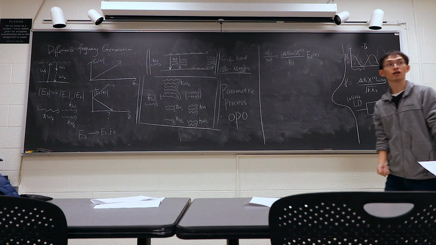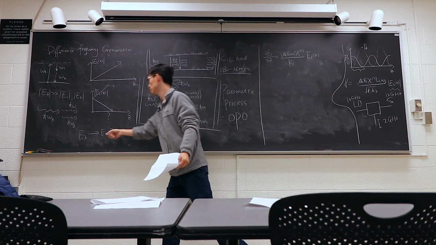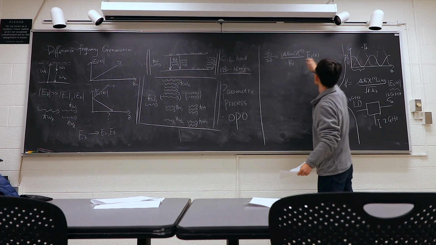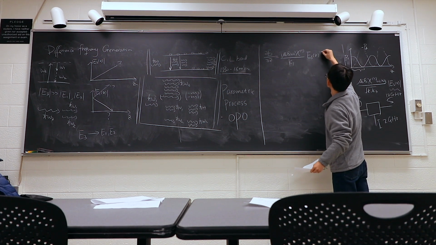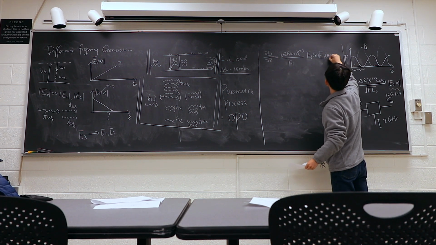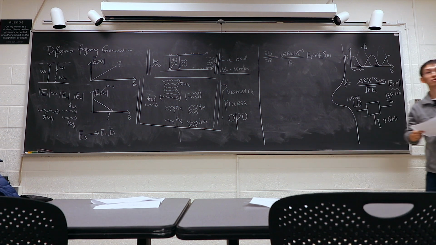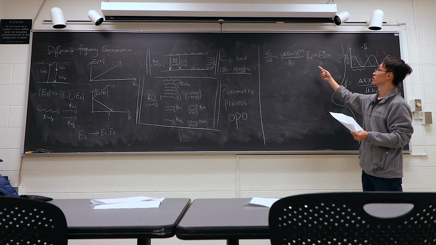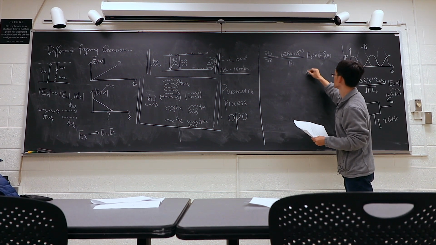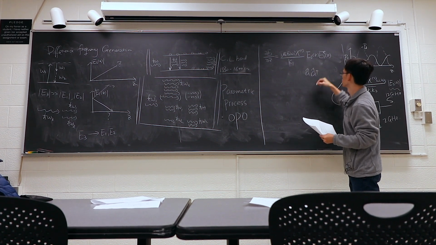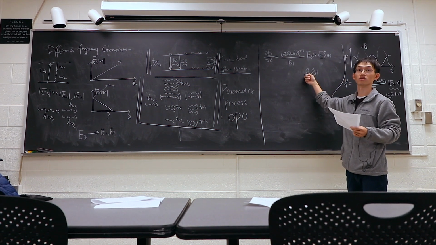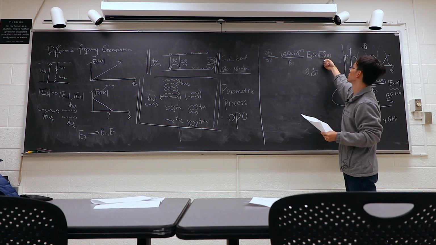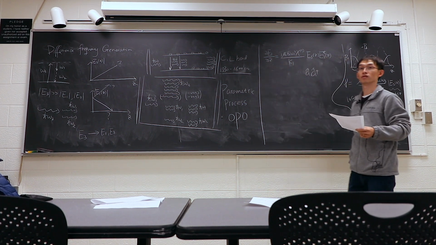Okay. Now how about E2? E2 is normally on this side. So when you move it from this side to this side, you add a conjugate. In the quantum picture it would be very clear: one is creation, one is annihilation. You annihilate an E3 to generate E1 and E2.